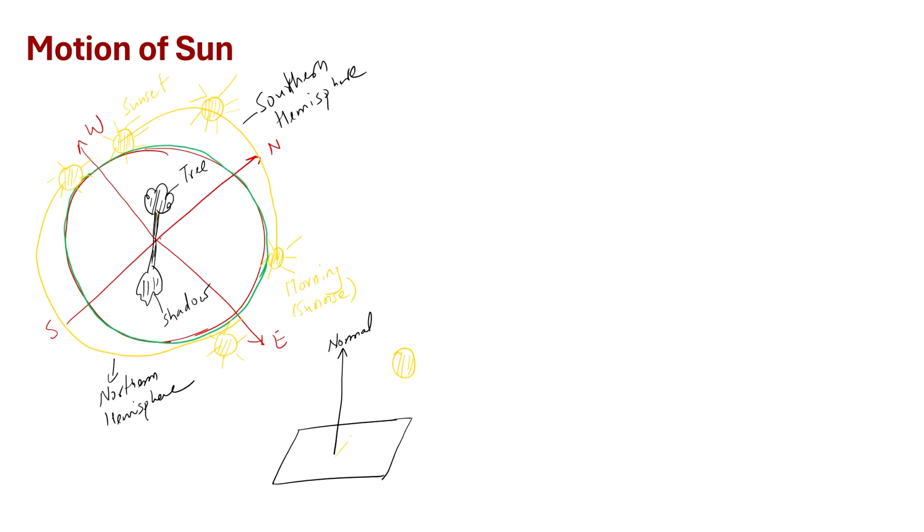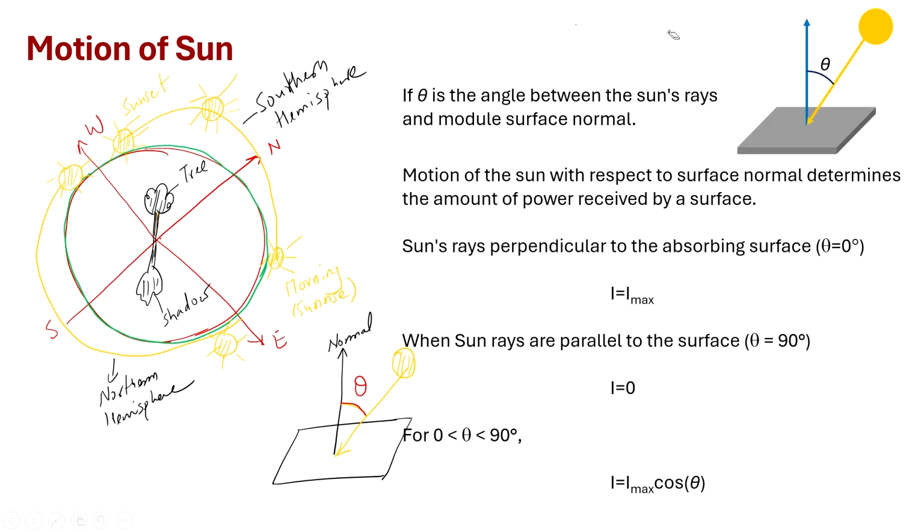This is the angle theta that we talked about between the surface normal on which the solar radiation is falling and the direction of the solar beam. I have jotted it down. If theta is the angle between the sun's rays and the module surface normal, then the motion of the sun with respect to the surface normal will determine the amount of power that we will receive on a given surface.